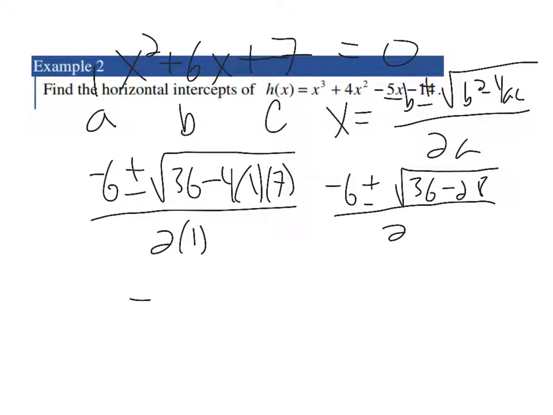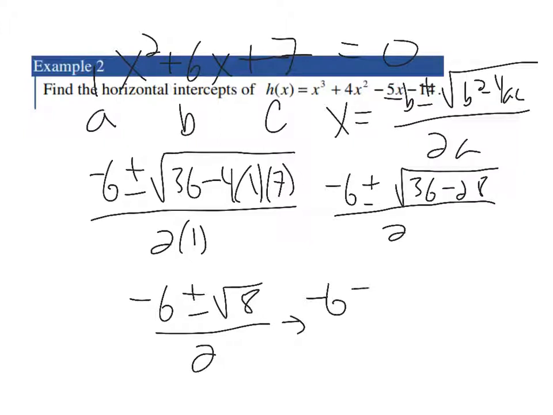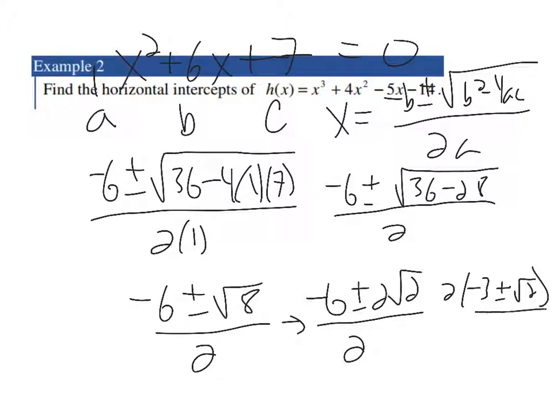So that gives me negative 6 plus or minus the square root of 8 over 2. And of course, the square root of 8 breaks down as 2 square roots of 2. And I can factor 2 out of both these terms. So 2 times negative 3 plus or minus the square root of 2 all over 2, and that 2 cancels. So there are my other two zeros.